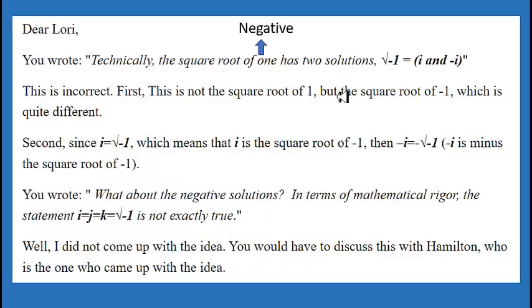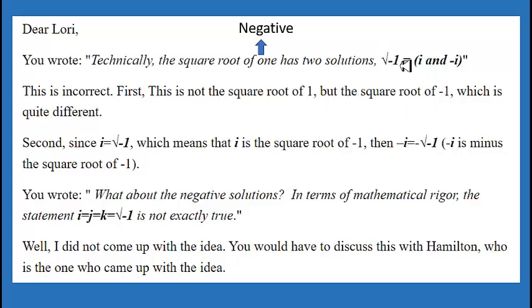So if we go back to this email, you'll see that I am saying that the square root of -1 has two solutions, i and -i. And this person is saying that i is equal to the square root of -1. And of course, it can't be both. We can't both be right.